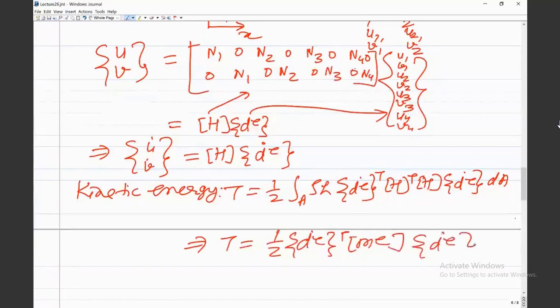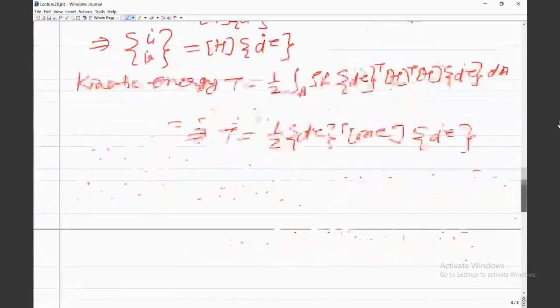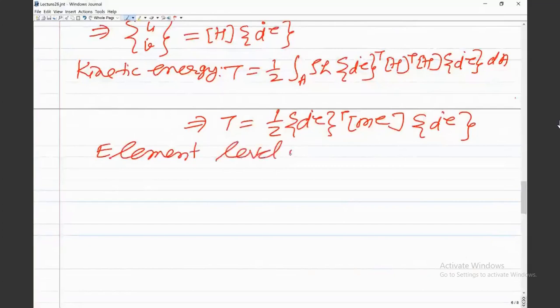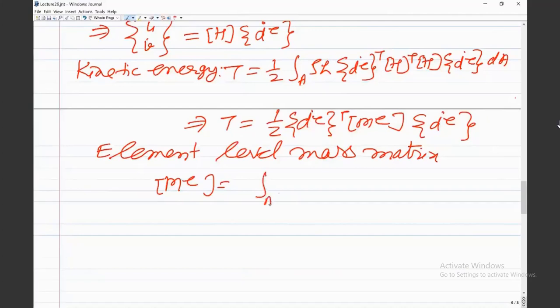These are the standard steps, but I just want to demonstrate it for different elements. So the element level mass matrix ME is equal to integration over area rho h H transpose into H dA.